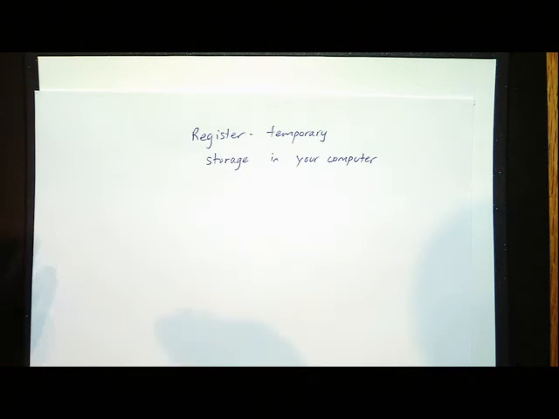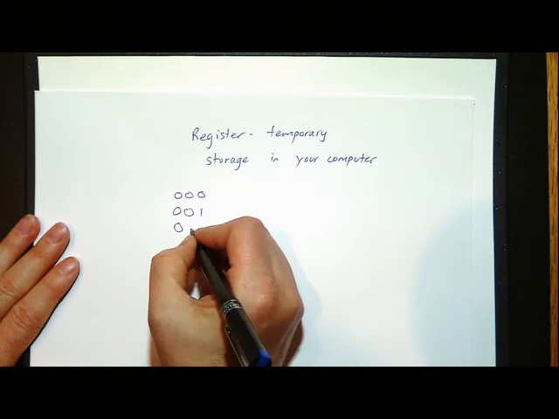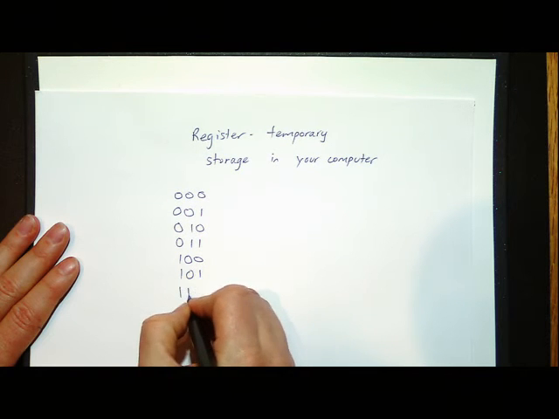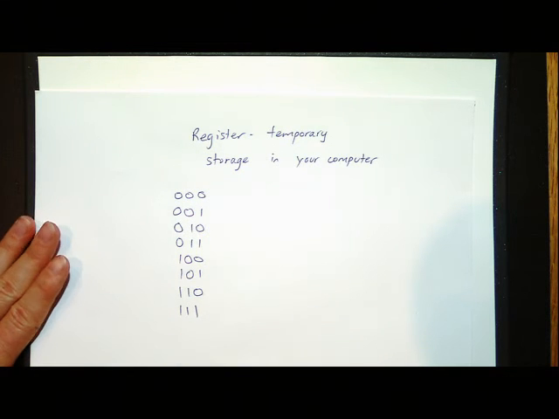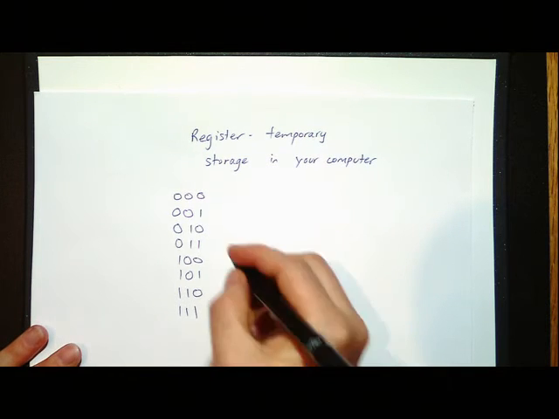So in a register, though, if I have to go through the numbers from 0 to 8, let's write them down again. I have to flip bits to do that, right? So when I go from 0 to 1, how many bits do I have to flip? 1 bit.